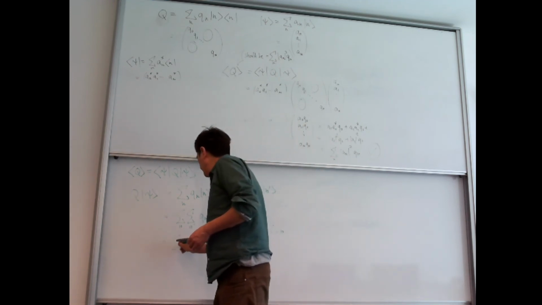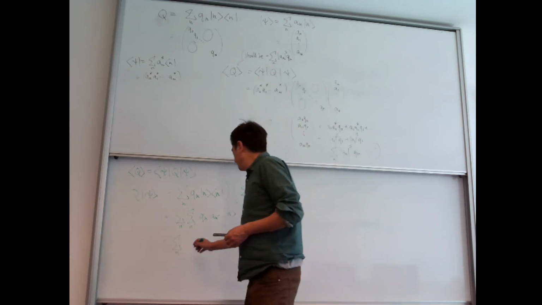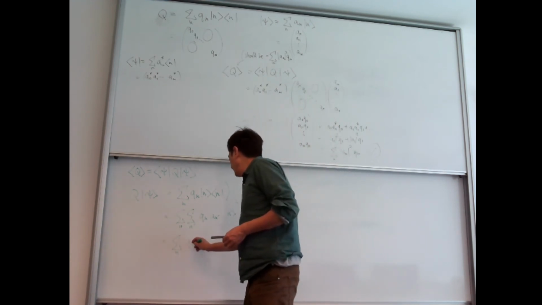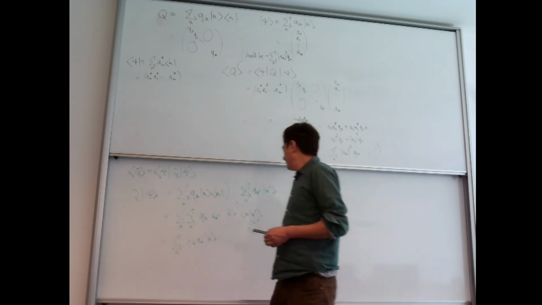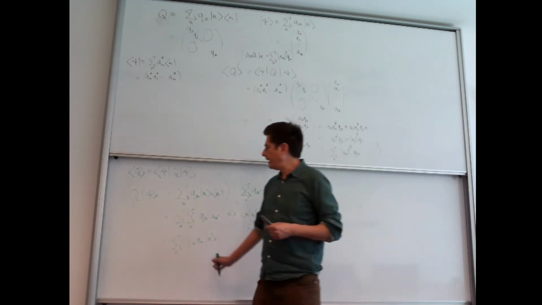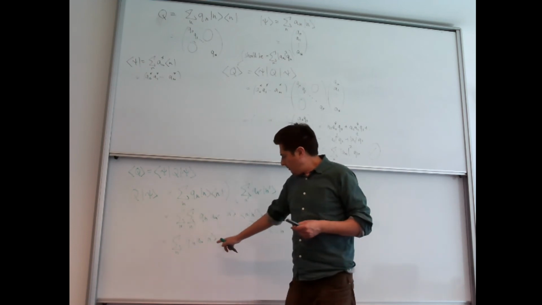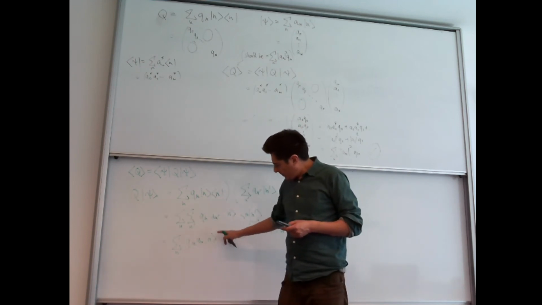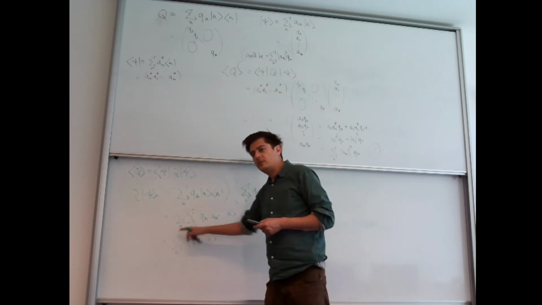So change all our n primes to n's. So this one will be Qn, An, n. Okay, so that's Q times psi, and this is supposed to be a vector, right? And we can see that this is a vector because it consists of these unit vectors and then some coefficients here. So that's definitely a vector.